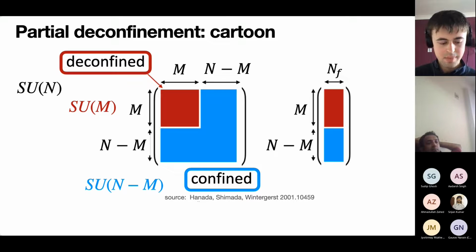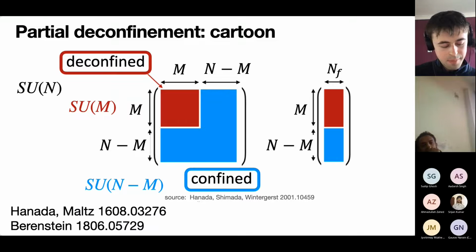We expect that an SU(M) subgroup of the original SU(N) is deconfined, and then an SU(N-M) subgroup is confined. For fundamental matter like quarks, we would have a situation shown by this vector where M entries are deconfined. But as I said, we're not going to think about fundamental matter for now. This situation was first articulated by Hanada and Maltz in 2016 and David Berenstein in 2018 in these papers.